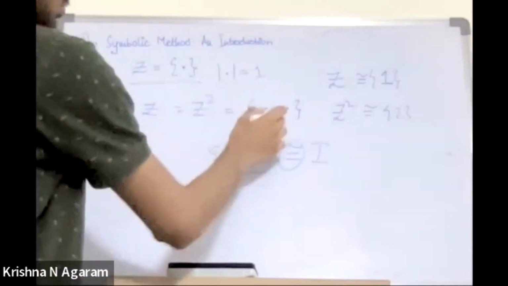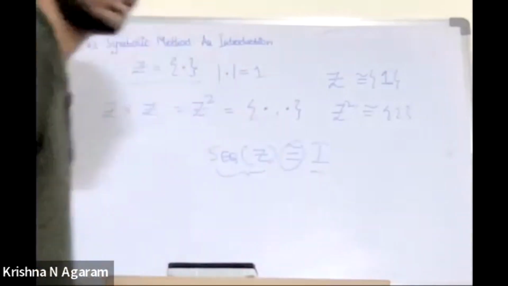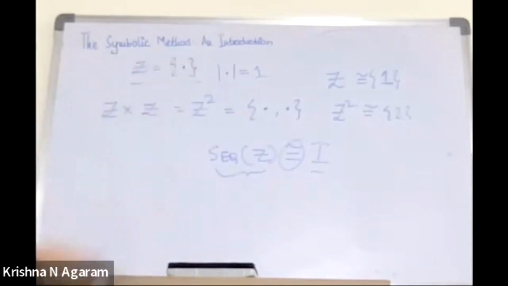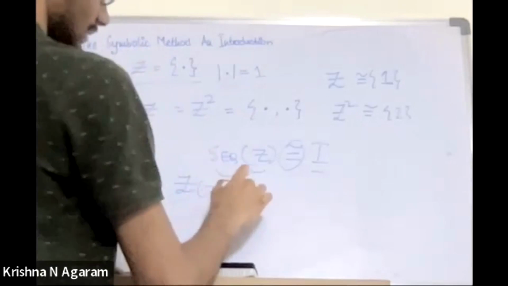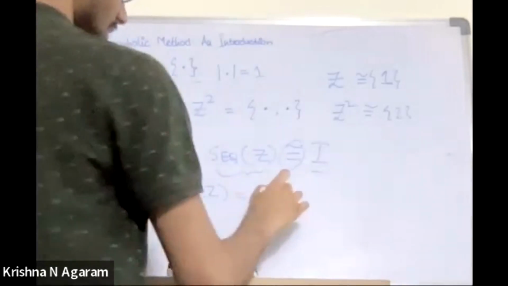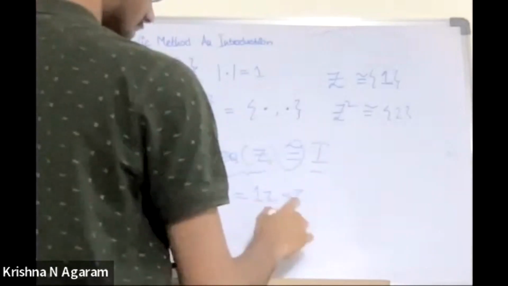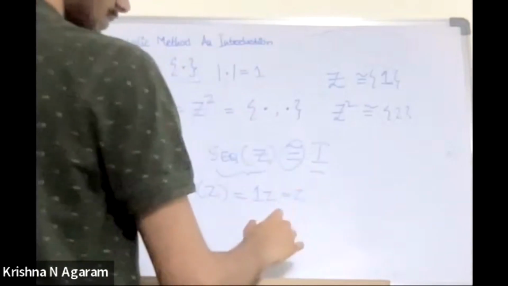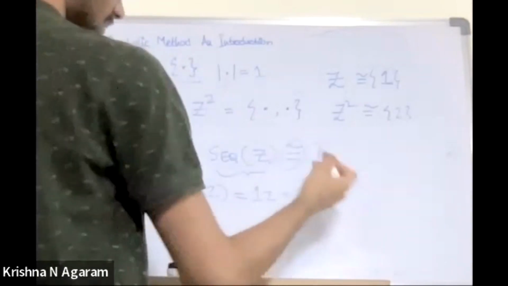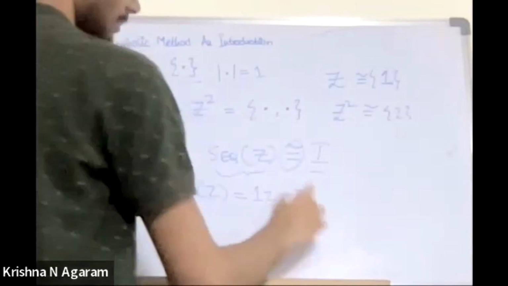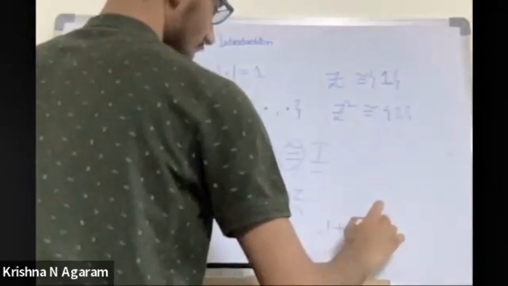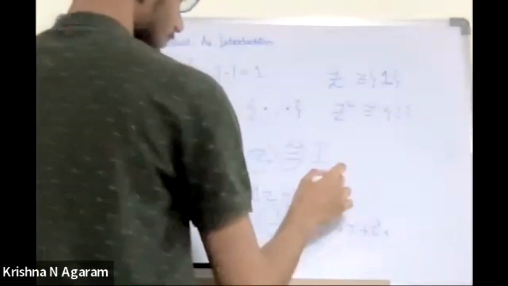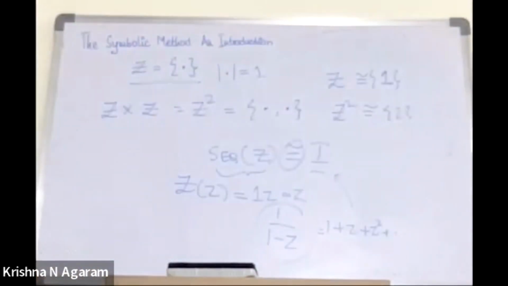It has 1 of every size: 1 empty, 1 of size 1, 1 of size 2. This also has exactly that. You can compute from the generating function if you like as well. Z has the generating function just z. So sequence has constant coefficient 0, so you can invert. 1 by 1 minus z is the inverse, which is 1 plus z plus z square, and so on.